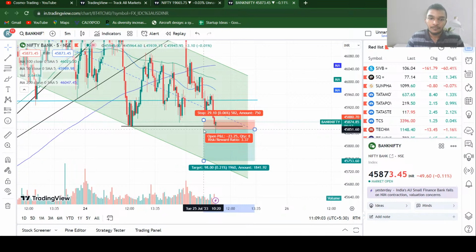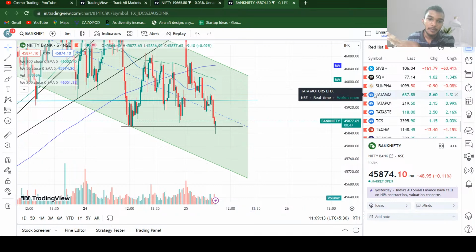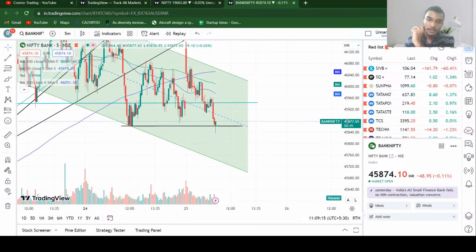We have not entered the trade yet because it has not successfully breached the trend line. Once it closes its candle below the trend line, then we will enter the trade.